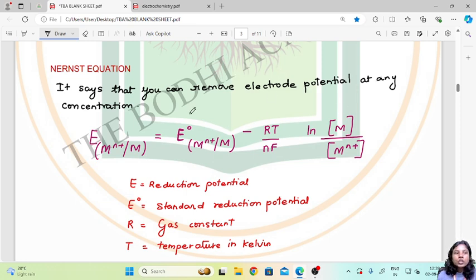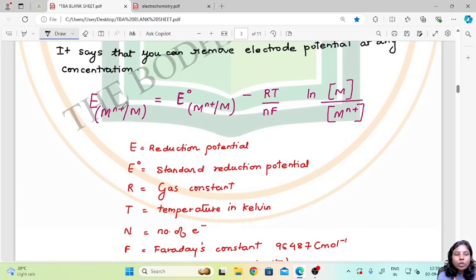The Nernst equation says that you can determine the electrode potential of any given cell at any concentration. The concentration can vary from 0 to any other value. Till now we considered it to be unity. Now from here we will see what happens if the concentration is varied.